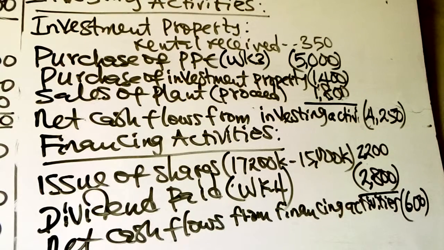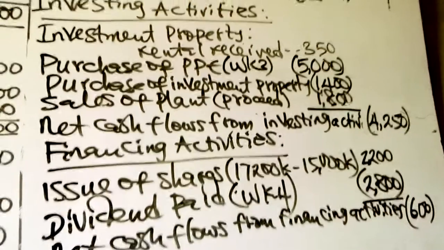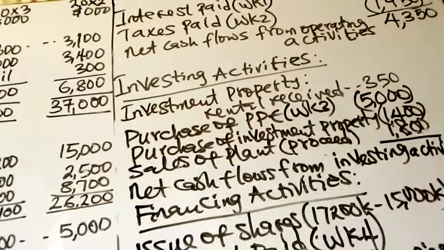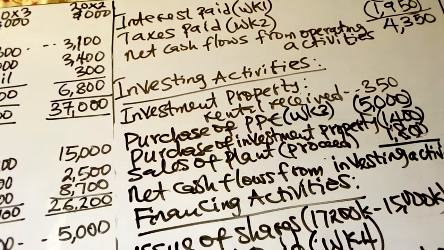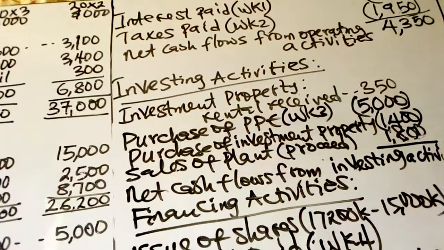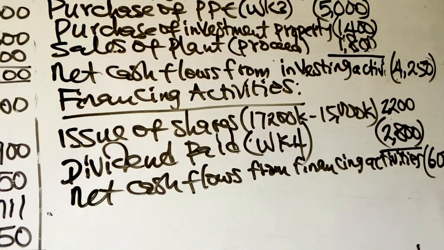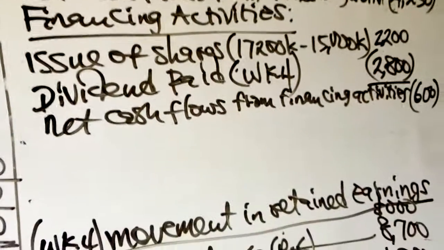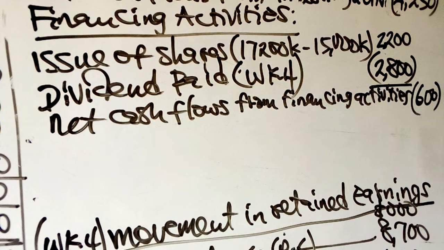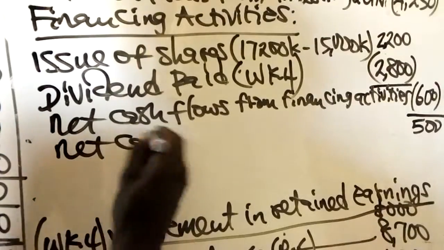Then you take your operating activities. Our operating activity is 4,350. Our investing activities is minus 4,250, and our financing activities is minus 600. Then you have minus 500, and that minus 500 represents the net cash change.